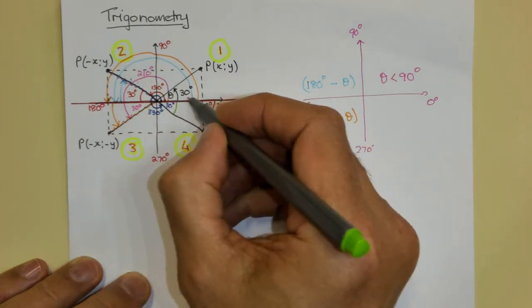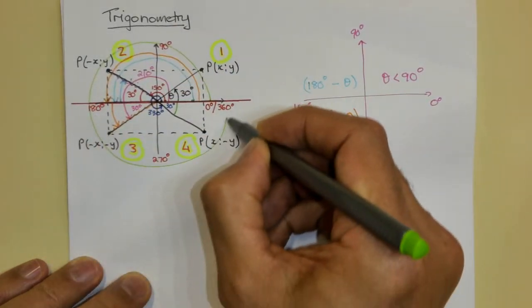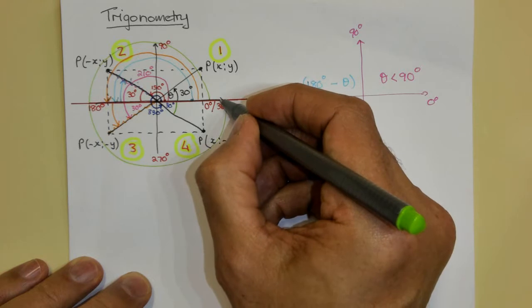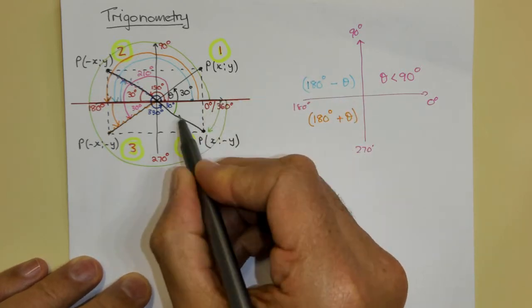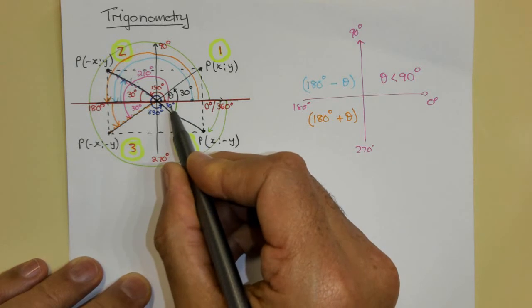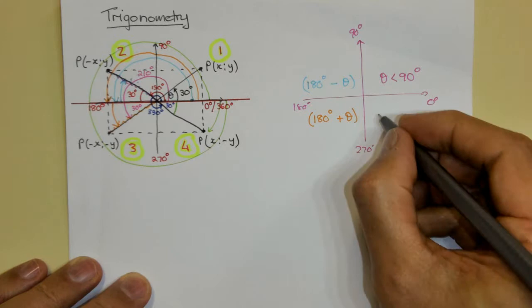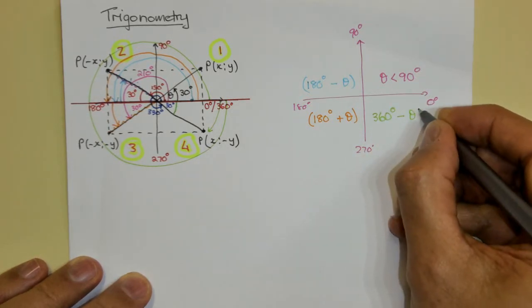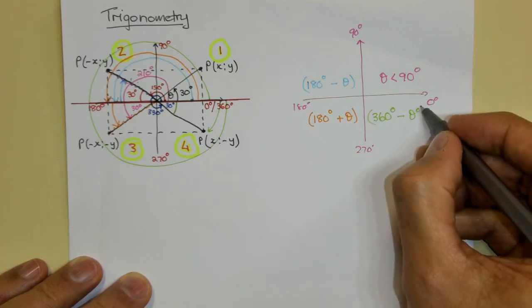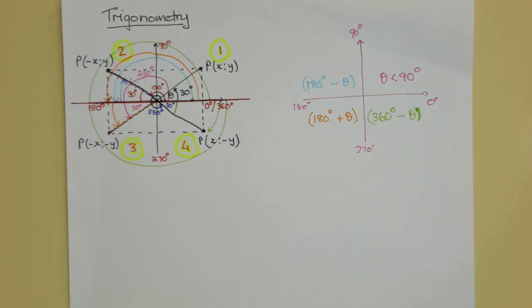So I can go all the way around, I can go 360 degrees, and from the 360 I bounce back the amount of degrees that I'm considering, which in this case is 30, but I'm generalizing, so I'm going to call it theta. So I go a full revolution and I bounce back the theta degrees that I need to come back from the horizontal.